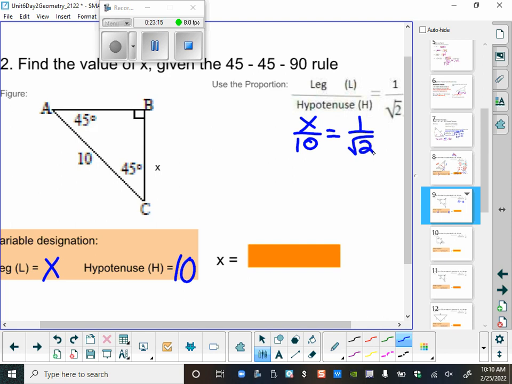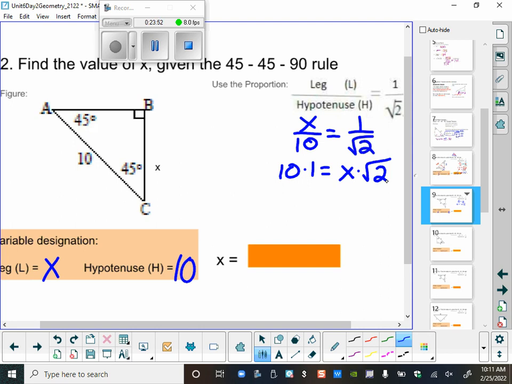You do cross multiply. So 10 times 1 equals. Now, here's how I'm going to write this. It's going to be a little different than normal. I'm going to leave it as x times square root of 2. All right.